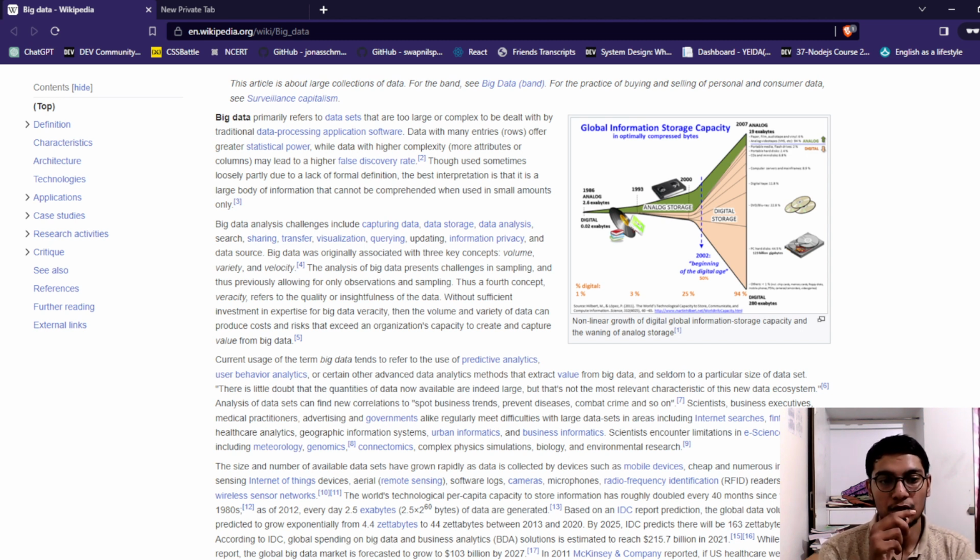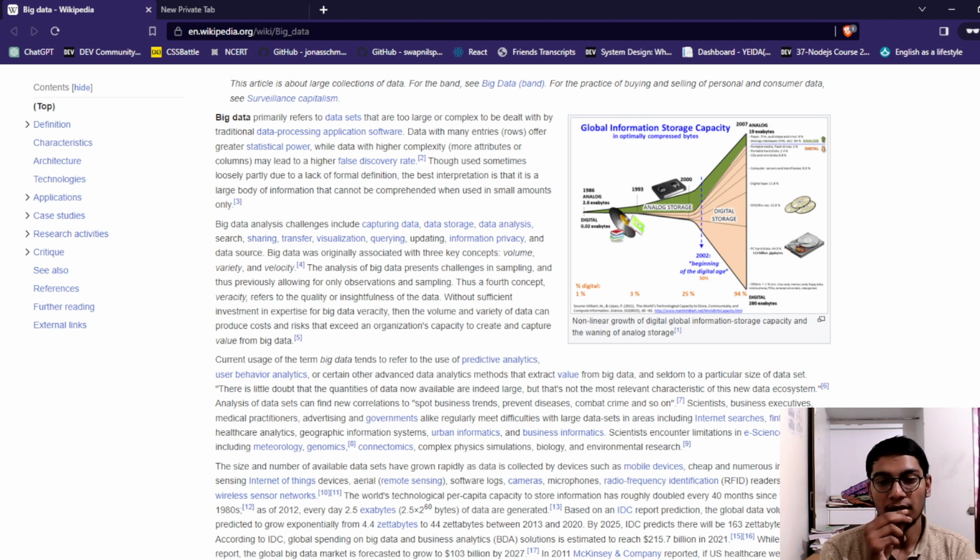Scientists, business executives, medical practitioners, advertising and governments alike regularly meet difficulties with large data sets in areas including internet searches, fintech, healthcare analytics, geographic information systems, urban informatics, and business informatics.